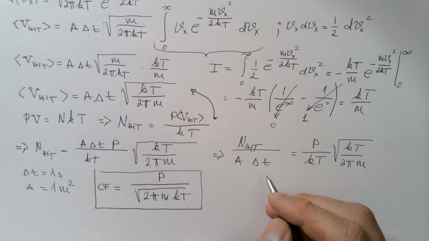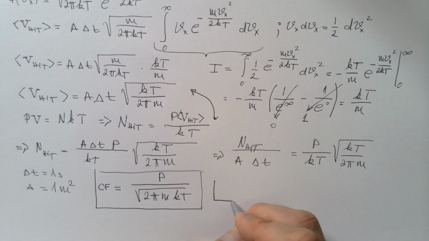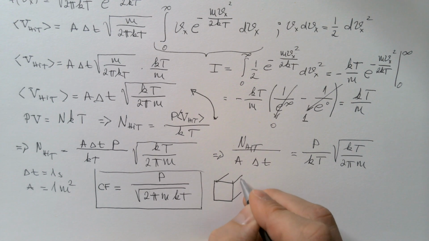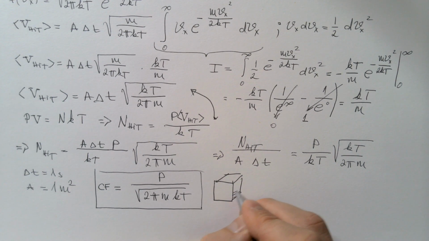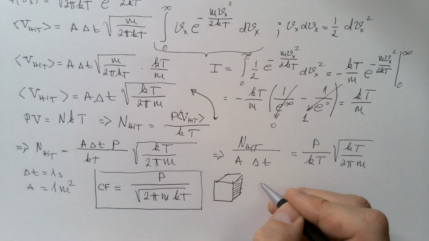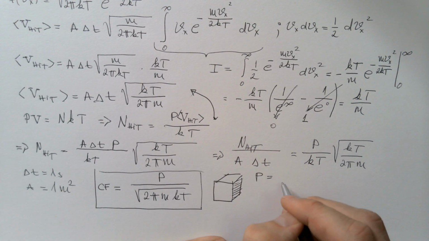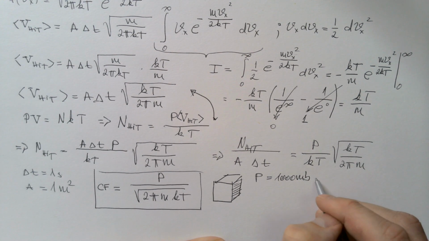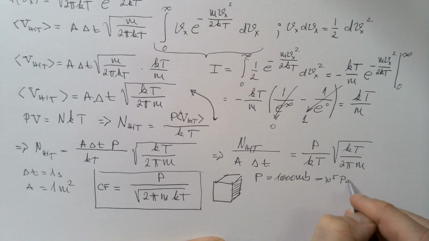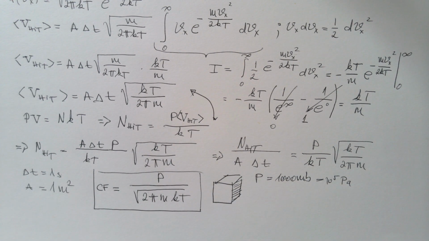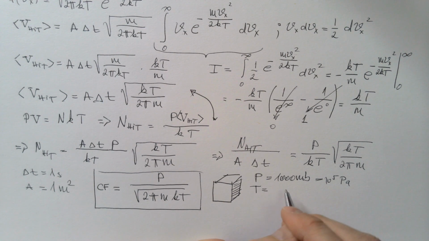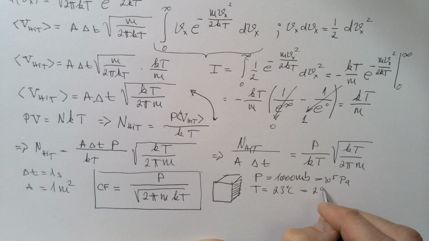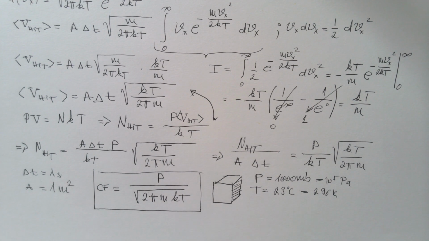So let us say that we are in your room and we identify this wall of interest. Pressure in the room is 1000 millibars, and that is, of course, 10 to the power 5 pascals, because you have to use pascals here. Temperature in your room, it's very comfortable, it's 23 degrees Celsius, and that should be 296 kelvins, because you have to use kelvins.